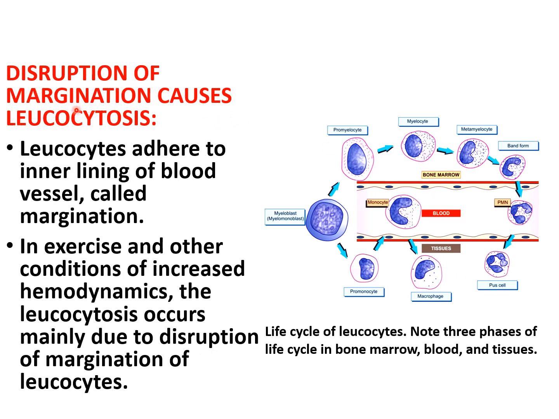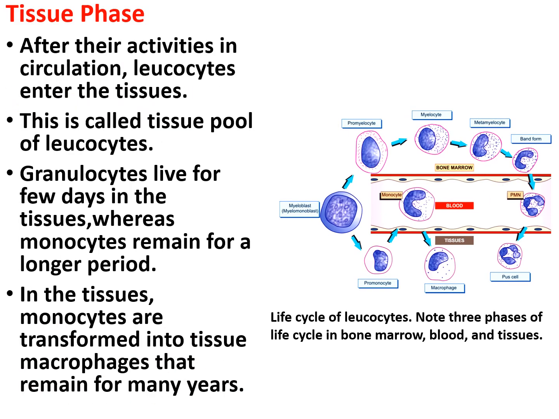Then disruption of the margination that causes leukocytosis. Leukocytes that adhere to the inner lining of the blood vessels, that is known as margination. In exercise and other conditions of increased hemodynamics, the leukocytosis occurs mainly due to disruption of the margination of leukocytes.